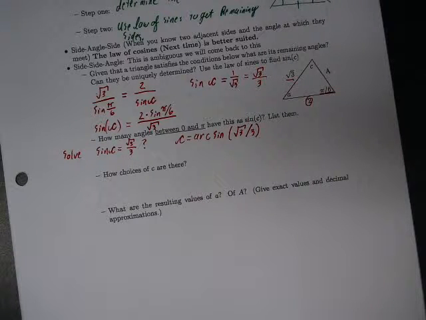So I'm going to draw this picture, a unit circle. Here's the angle that you just found. How do you describe this other angle? Pi minus that angle. So here's the other angle.